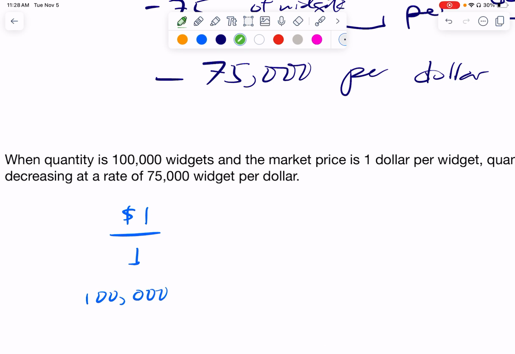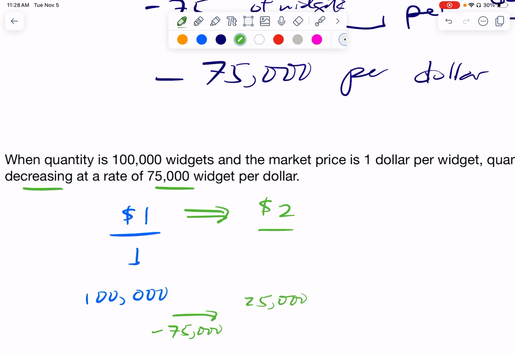Kind of what this is saying is if we change the price, theoretically, if we change it to $2, there is a decrease in 75,000, right? So basically, if we increase the price by $1, 75,000 fewer people will want to buy it. So it would actually go down, right? We would subtract 75,000 and we would get 25,000, right?